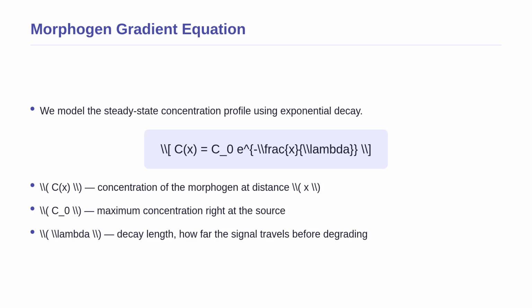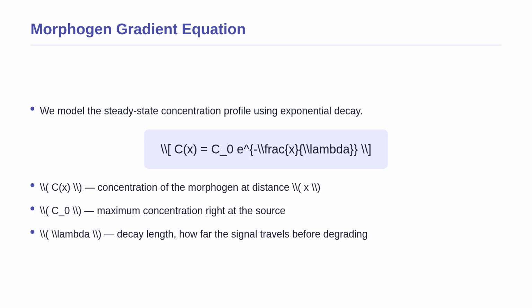This conceptual model translates perfectly into a mathematical equation. We can model this steady-state concentration profile using a standard exponential decay function derived from the physics of diffusion. Here is the formula. The variable c of x represents the concentration of the morphogen at a specific distance x from the source.